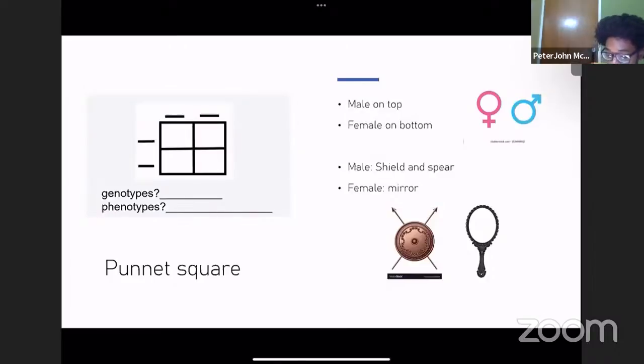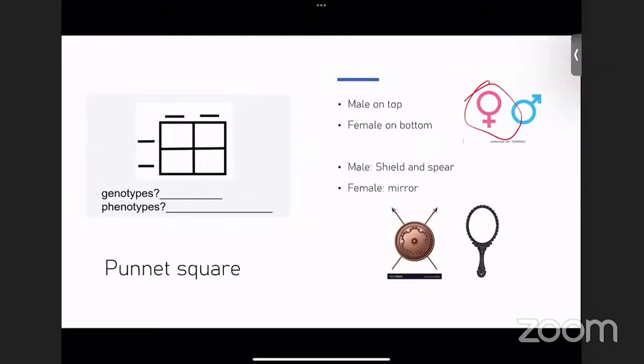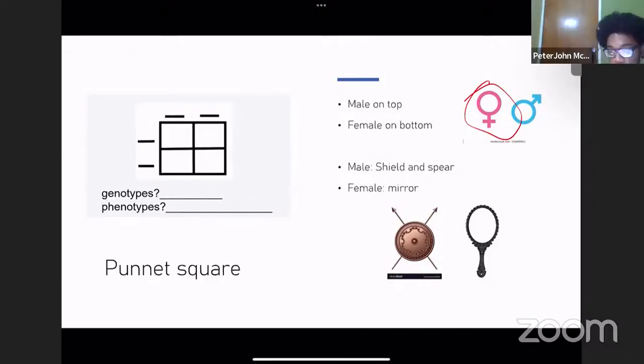All right, so I have males on top, females on the bottom. If you don't remember which one is which, is this one male or female? Female. Yes, the female symbol kind of looks like a mirror. It won't be color coded in your exam, but it looks like a mirror, like when girls hold up a mirror and say, wow, I'm so pretty today.